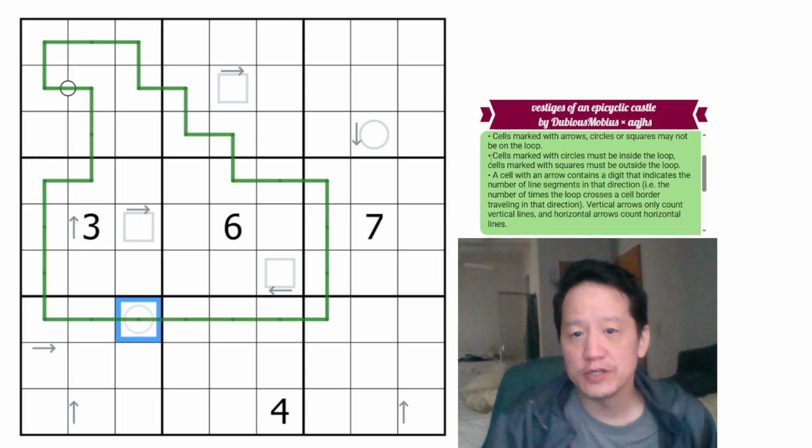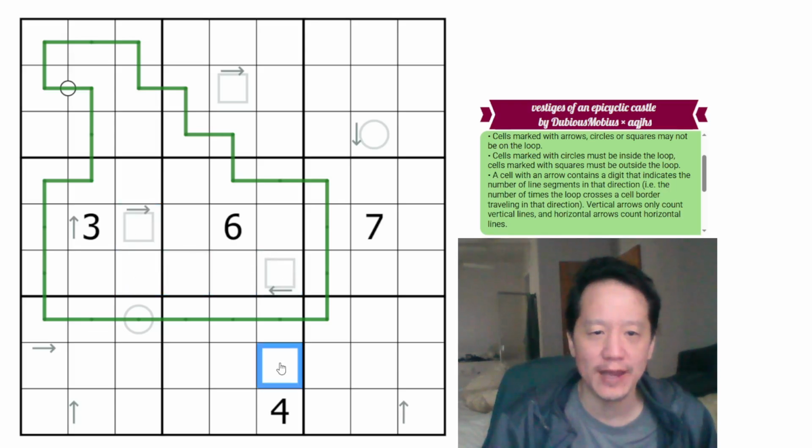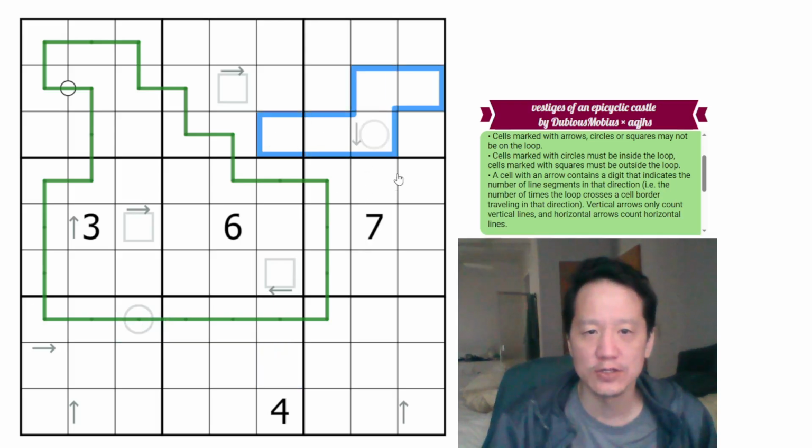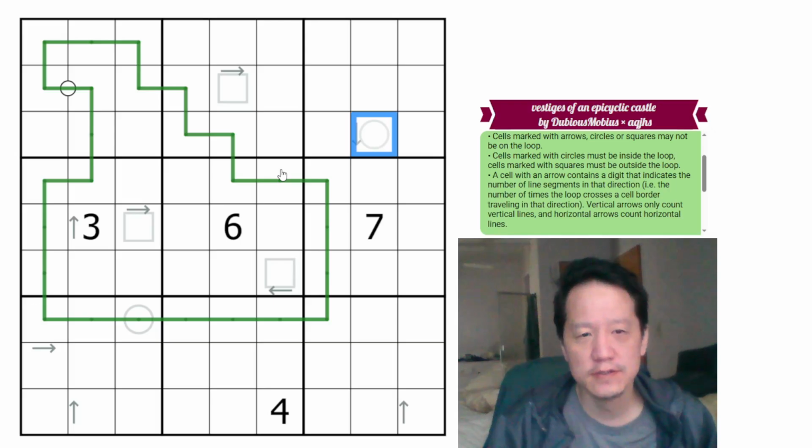Cells marked with a circle must be inside the loop, and cells marked with a square must be outside the loop. So this loop doesn't work because these squares have to be outside the loop, and the circles have to be inside the loop. Oh, that's interesting. That leads to a certain way the loop has to go.